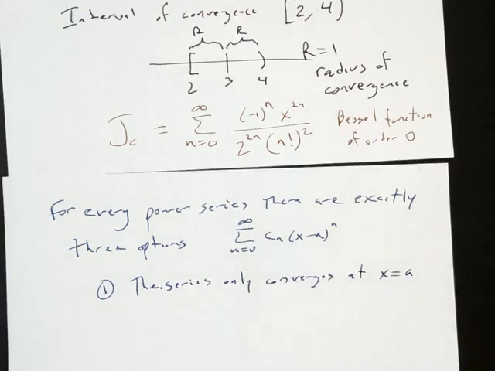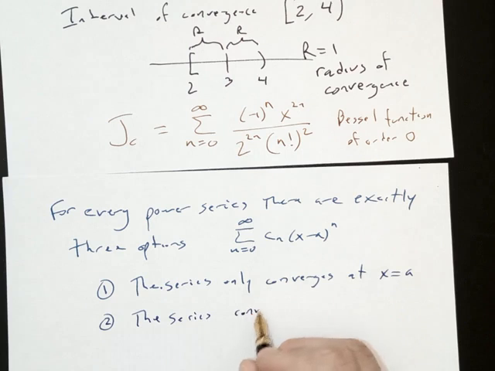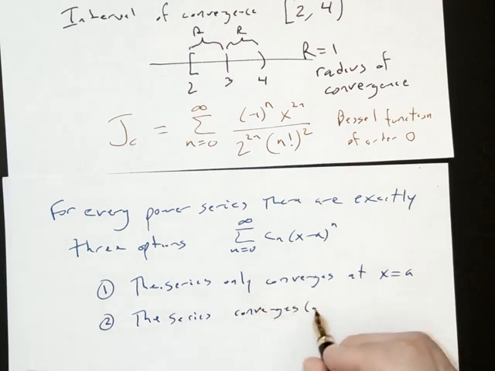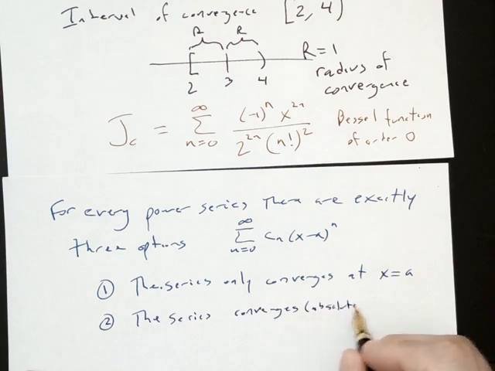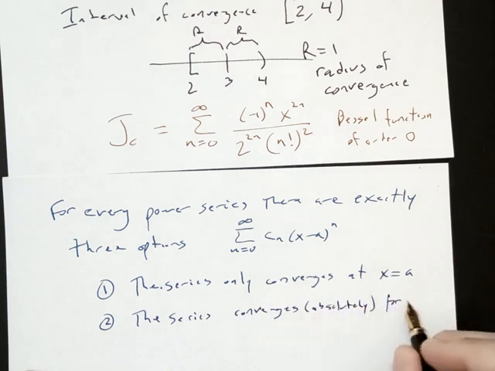It only converges at the center, never anywhere else. Option 2, the series converges, parentheses, absolutely, for all x.